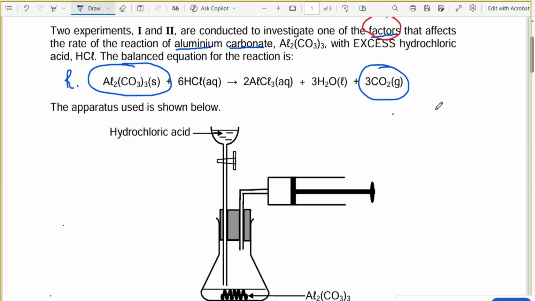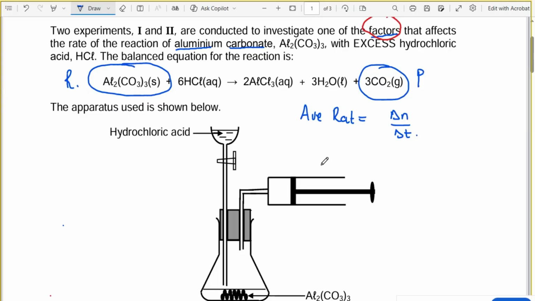So when I use carbon dioxide as reference, we can see that it is a product and the average rate will be positive, the change in n over delta T, okay?